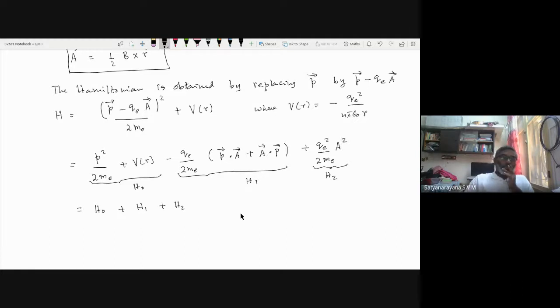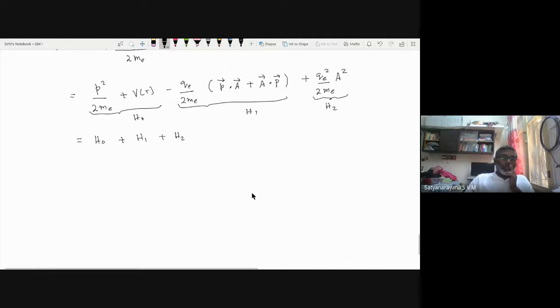Now let us look at H0. This is basically our hydrogen atom without magnetic field. Now we have these H1 and H2 terms if you apply a magnetic field.